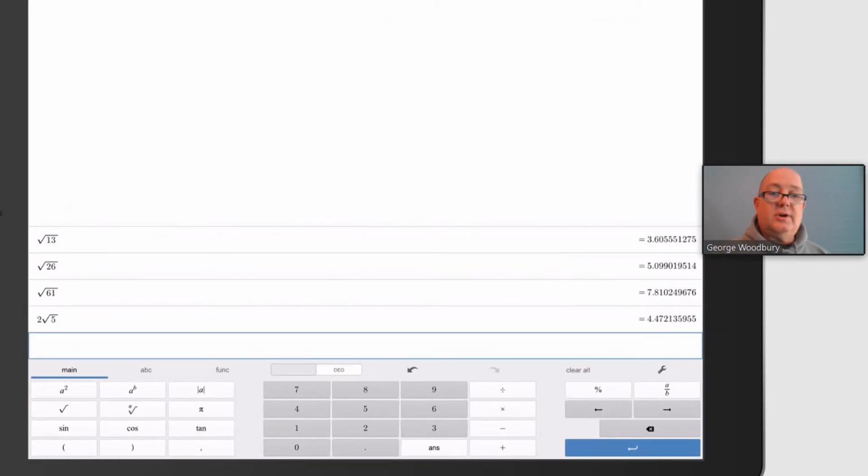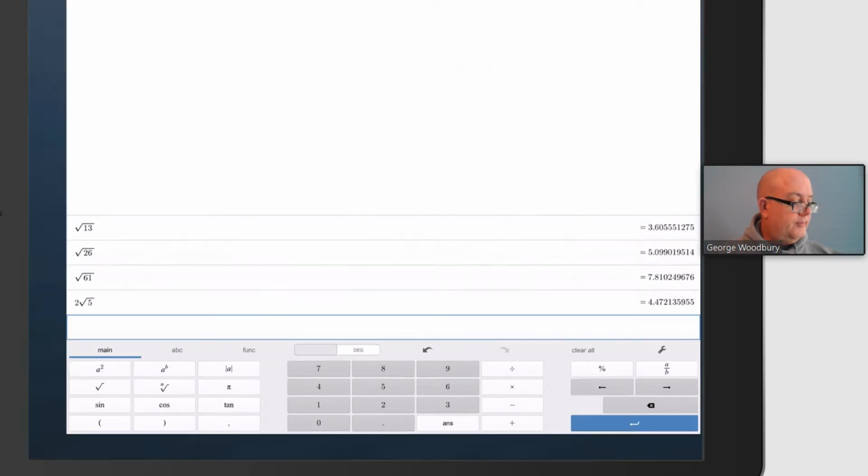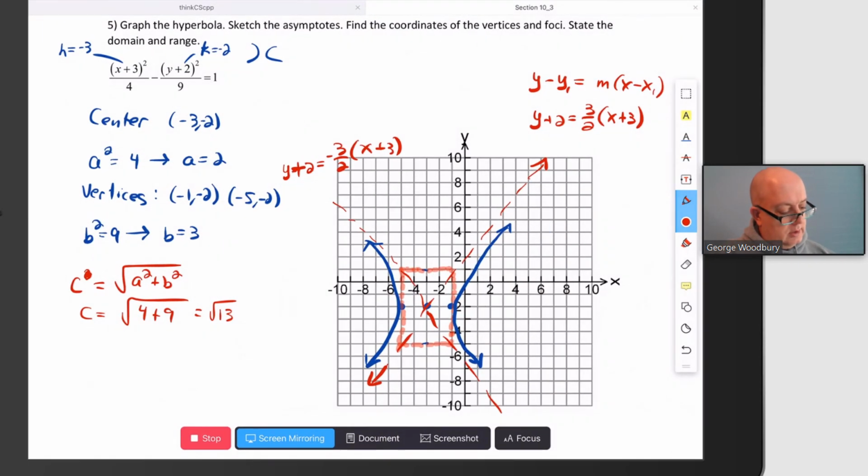I did this one earlier. It's still on the screen. 3.6. So we're going to go 3.6 to the right and the left of the center. 1, 2, 3.6, 2, 3.6, like that. And what we're doing is we're starting at -3, and then we're adding and subtracting that 3.6.